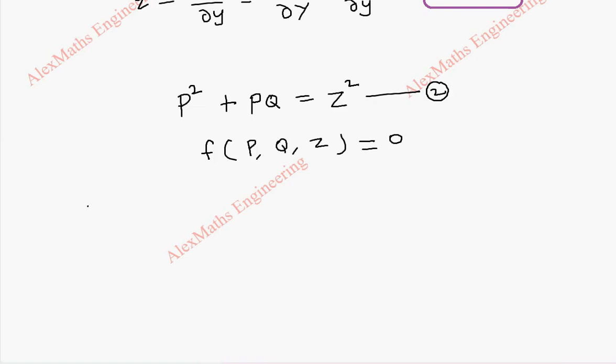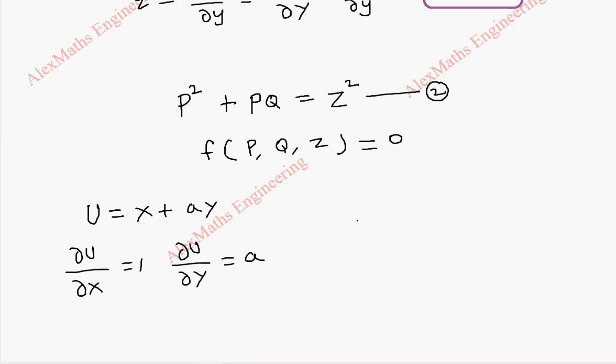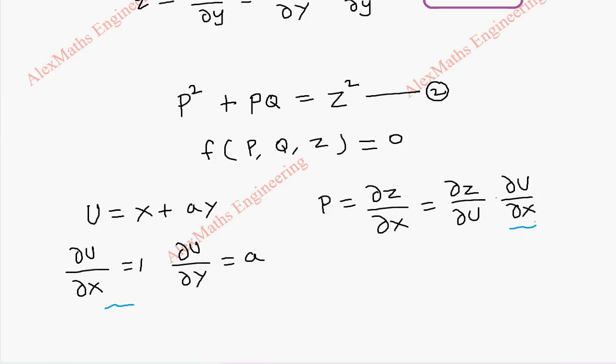So for this we take u equal to x plus ay, and dou u by dou capital X is 1 and dou u by dou capital Y is a. Capital P is dou z by dou capital X, which is rewritten as dou z by dou u into dou u by dou X. Using this value 1 here, we get capital P is dou z by dou u.